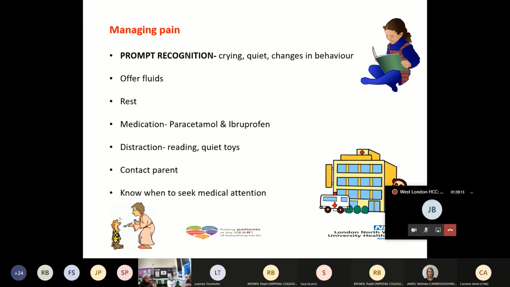If they haven't, then please contact us, or certainly we can have a discussion about individual children about ensuring that that is prescribed for them. And any form of distraction, so quiet toys and reading. And it's about then obviously contacting the parent and knowing when to call 999 for an emergency. Next slide, please.